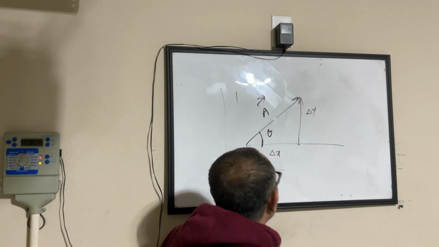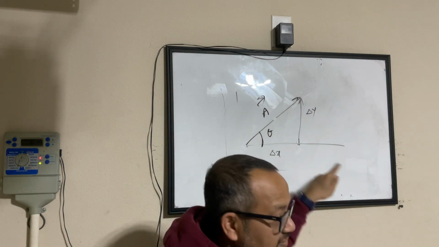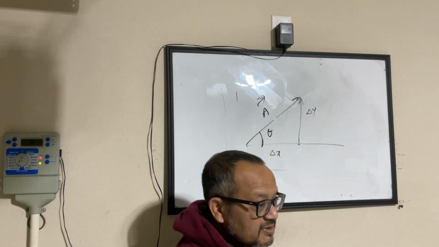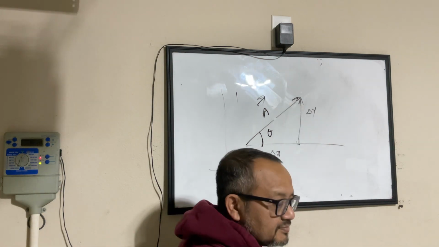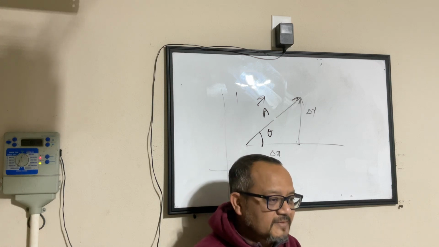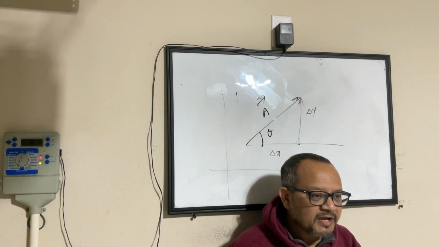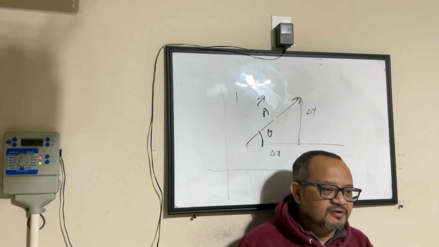So if you have the magnitude given to you and the angle that it makes with the x-axis, would you be able to find out the x and y component of this vector? Meaning, would you be able to find out this length and this length? It's a question. Applying basic trigonometry concepts.